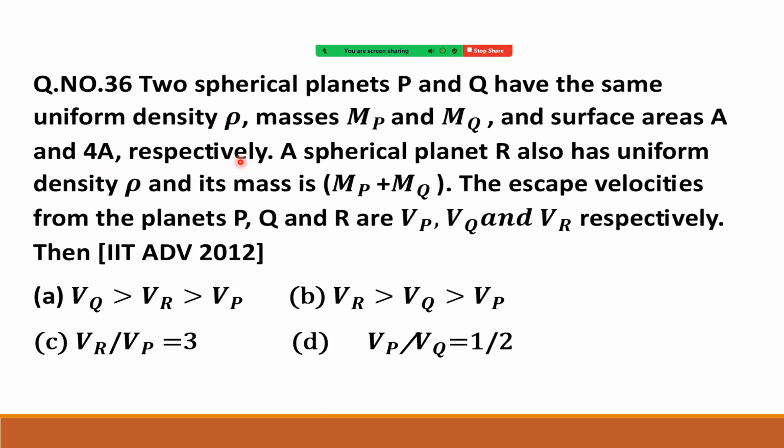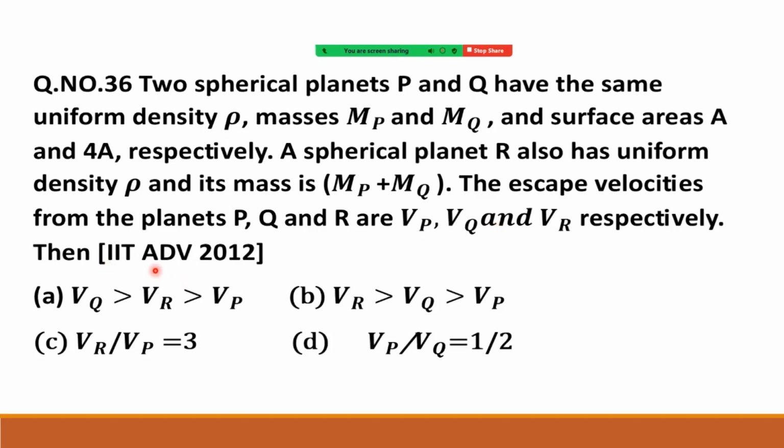A spherical planet R also has uniform density rho and its mass is MP plus MQ. The escape velocities from the planets P, Q, and R are Vp, Vq, and Vr respectively.